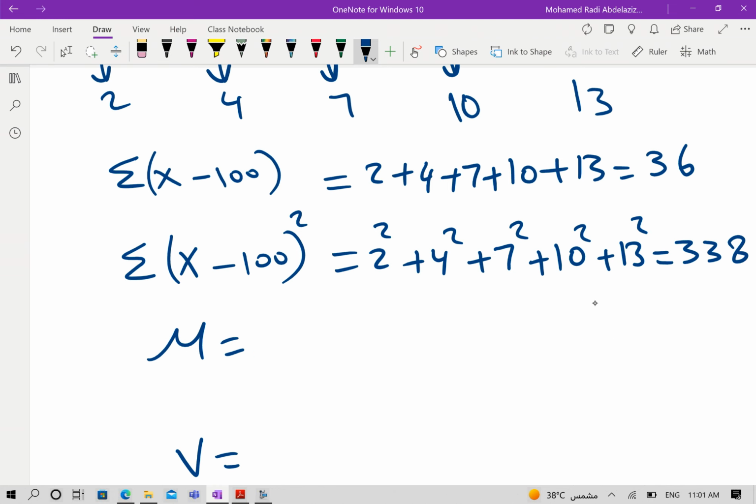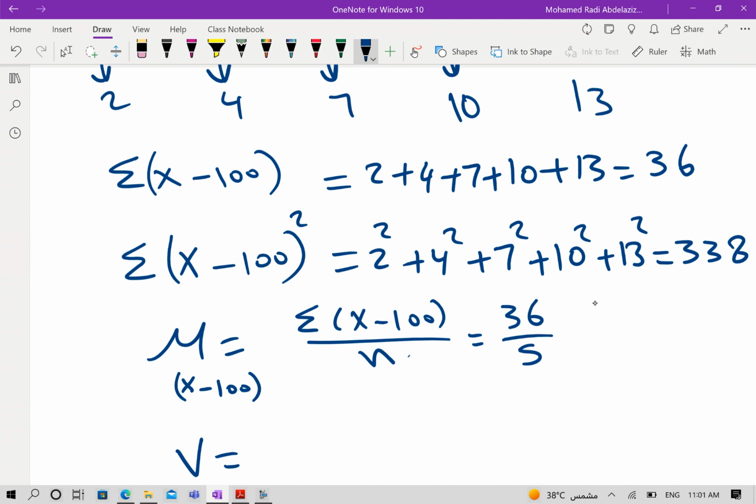If we try to get mu of x minus 100 values after coding, it will be sum of x minus 100 divided by n, which is 5. So 36 divided by 5 is 7.2.